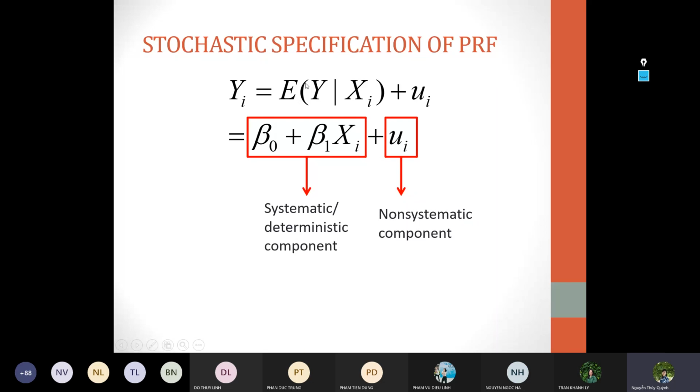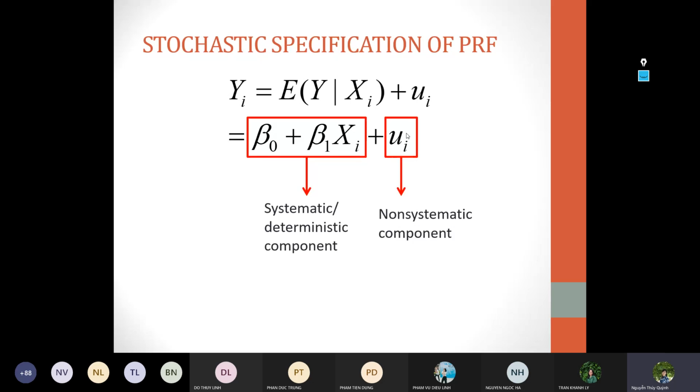We call the conditional expected value of Y the systematic component, and u_i, the disturbance, is the non-systematic component. It may affect one observation or another observation, but as a whole, it does not affect the whole population.